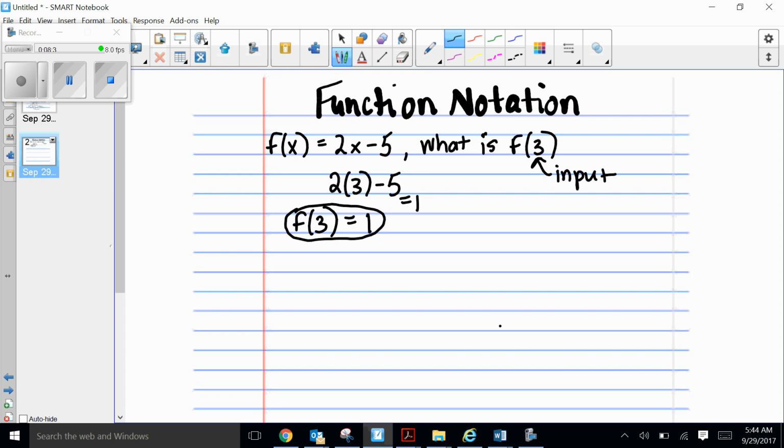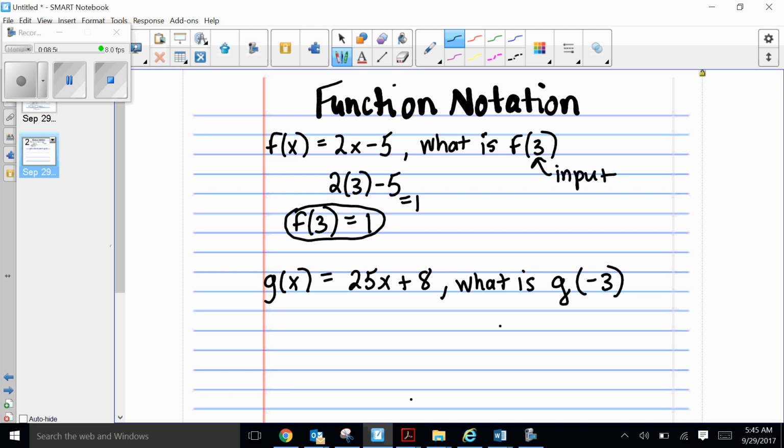Okay, looking at one more example. g of x equals 25x plus 8. What is g of negative 3? Okay, plugging in, I'm going to have 25 times negative 3 plus 8. So I plugged my negative 3 into my x value in my function.